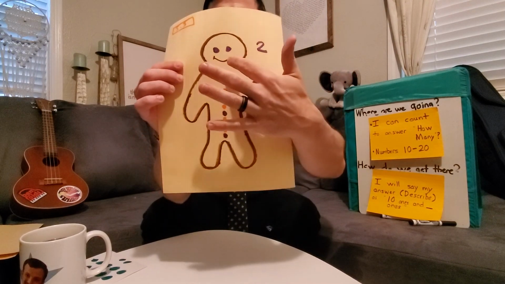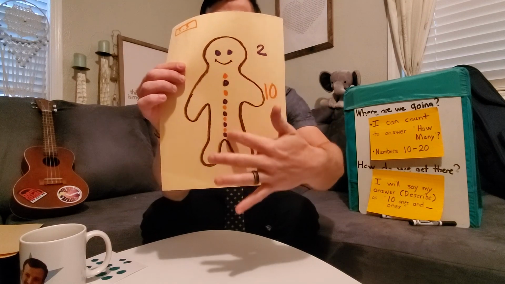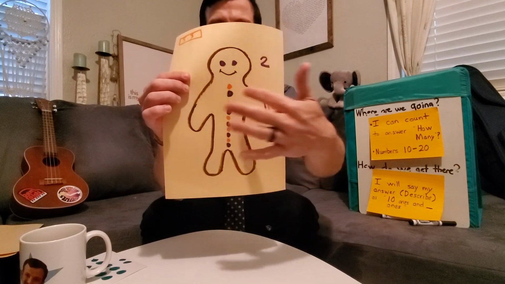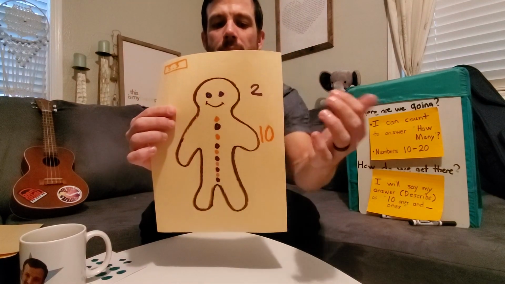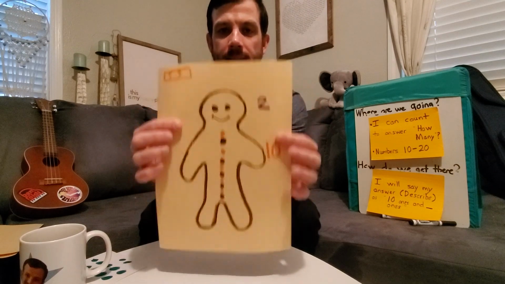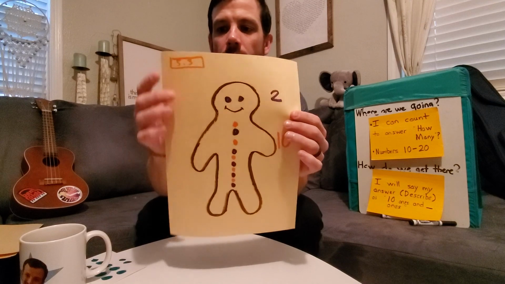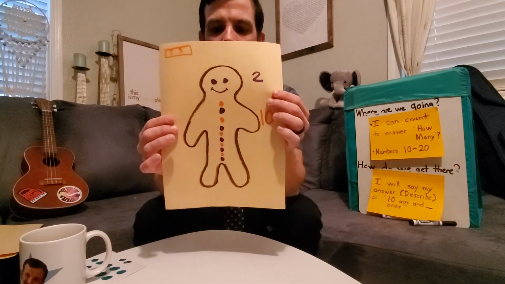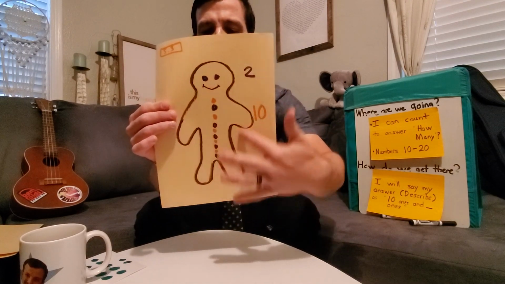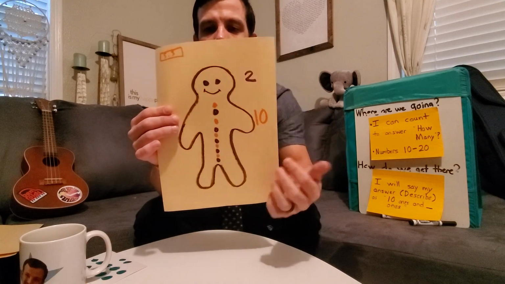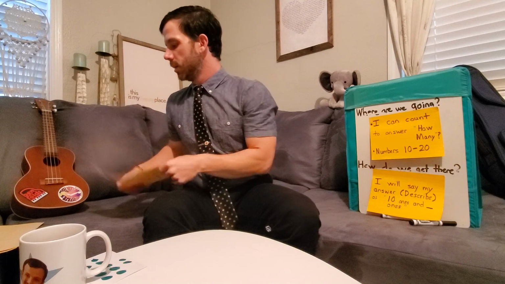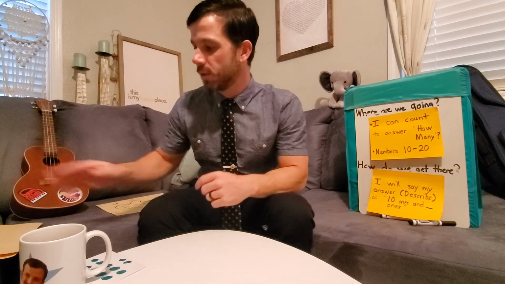Notice how Mr. Baxter put 10 sprinkles in a row up and down, and I wrote my number here so I didn't get confused, and I put 2 sprinkles for the eyes. This is the way that your gingerbread man should look today for your story problem to go along with Eureka 5.3. That's showing us how we have a group of 10 ones and 2 more ones, which gives us 12 altogether.